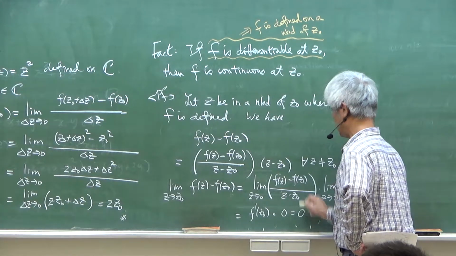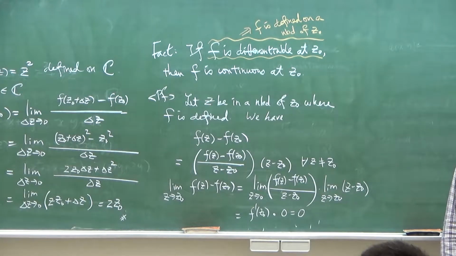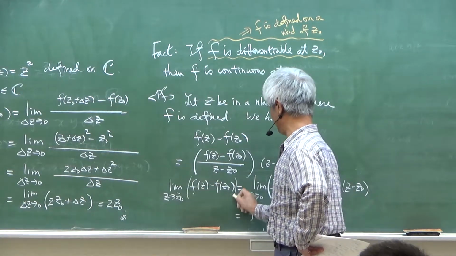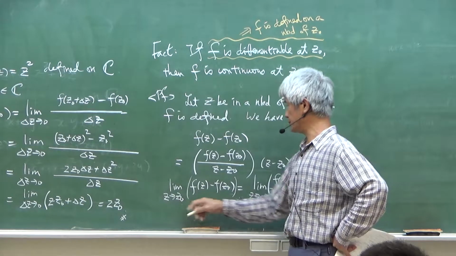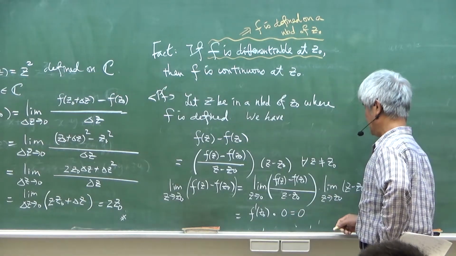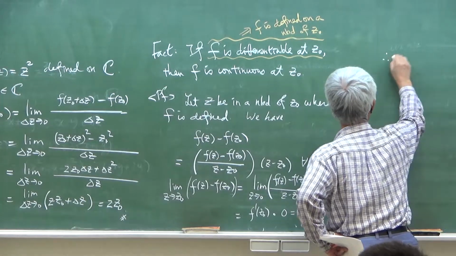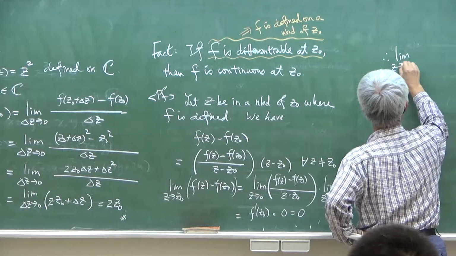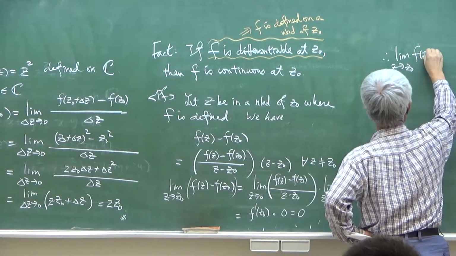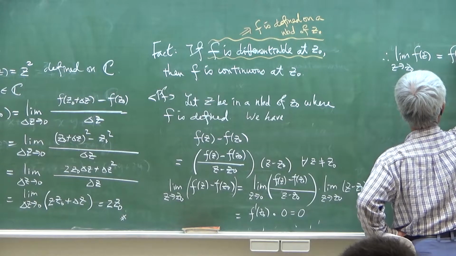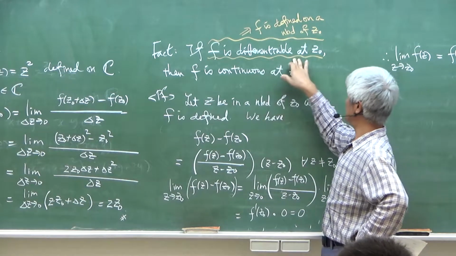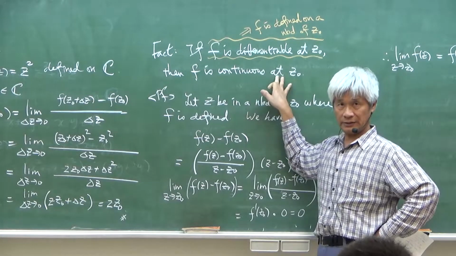So the product is 0. So the limit of the difference goes to 0 as z goes to z0. So we find that the limit as z goes to z0 of f(z) is equal to f(z0). So this proves that if f is differentiable at z0, then f is continuous at z0.